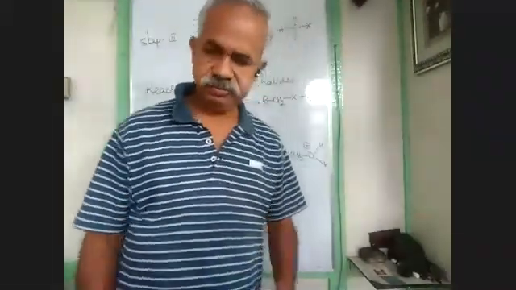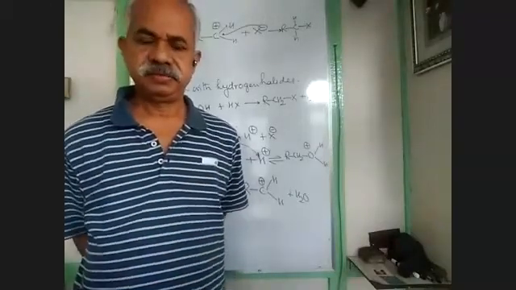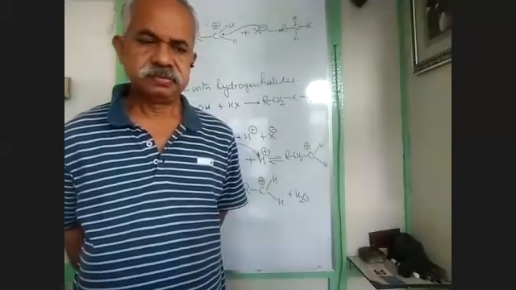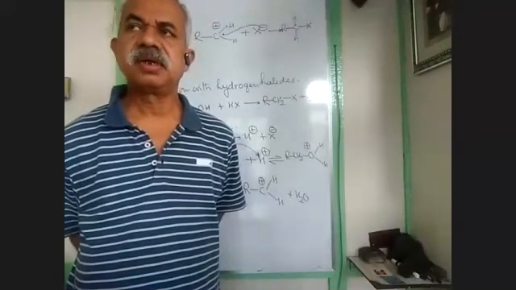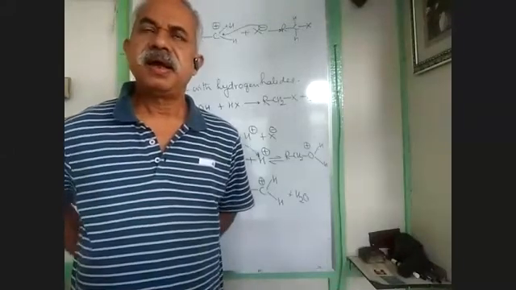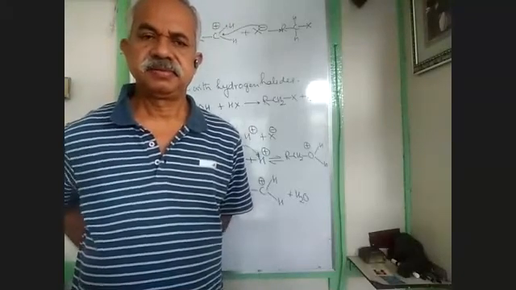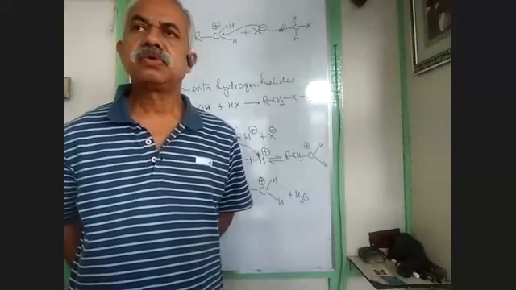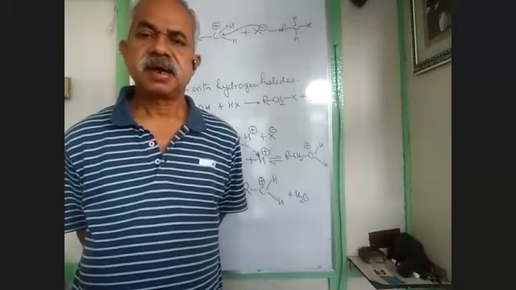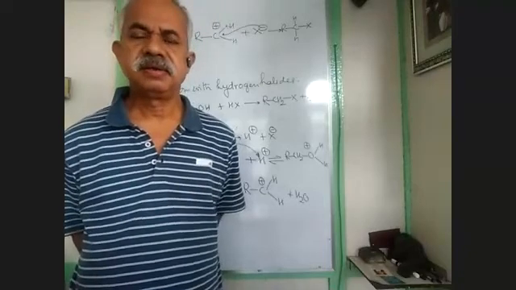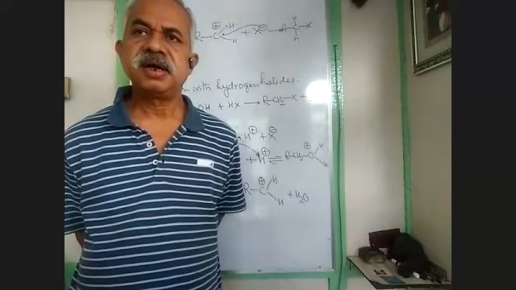Formation of haloalkanes by the reaction of alcohols and hydrogen halides goes through carbocation intermediates.